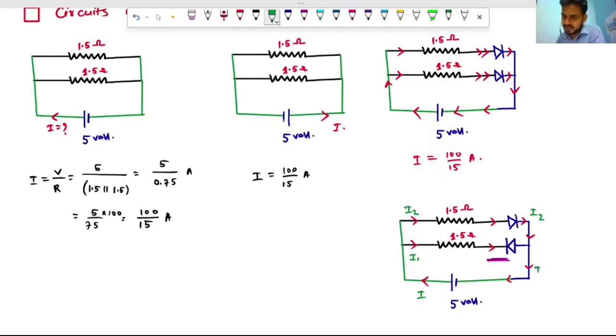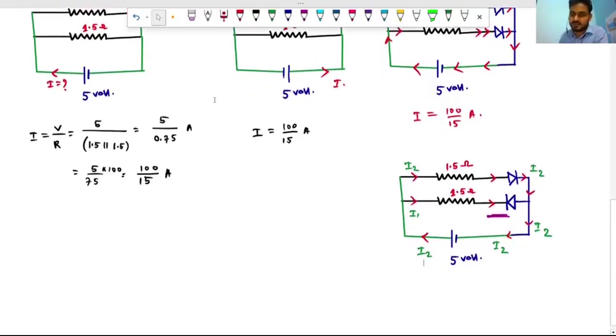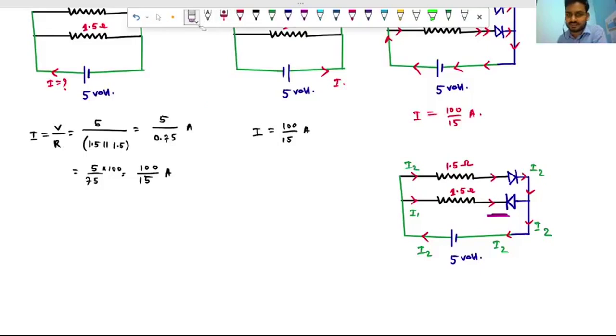So here I2 will be there, so here also it will be I2. Actually, no current will flow through this segment. Then what will be the current here? So let me erase this arrow. The reason is actually no current will flow through the lower branch.